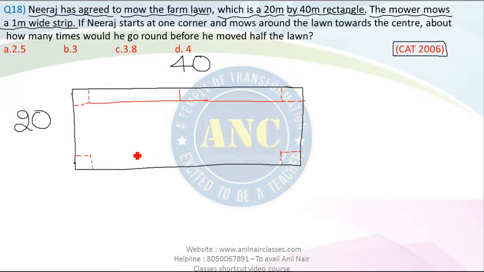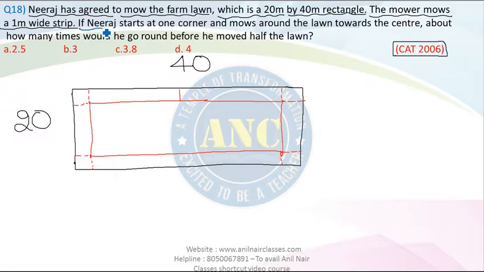That value is given in the question as 1 meter. If I join all these things, this is 1 meter, here also it is 1 meter, here also it is 1 meter. Or in simple language, like my previous problem, it is a uniform width in the walkway. Same like that.